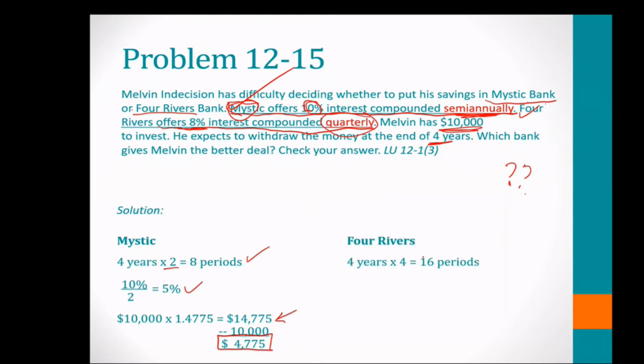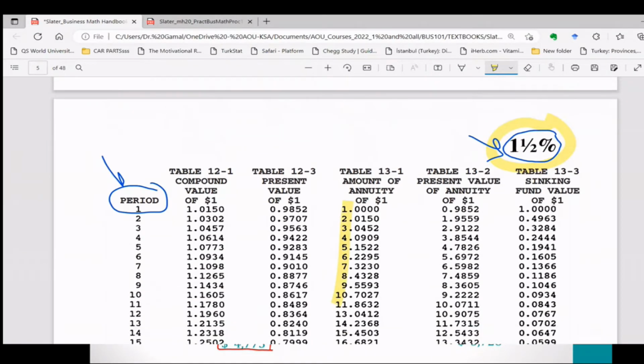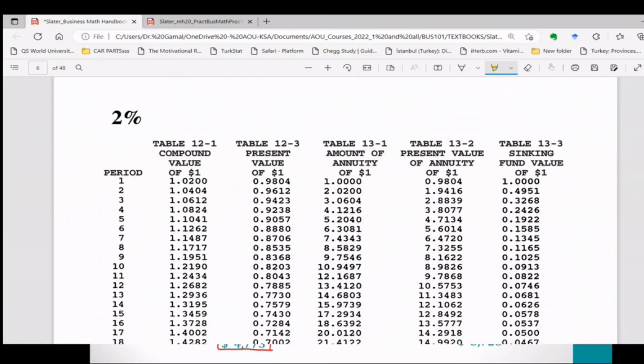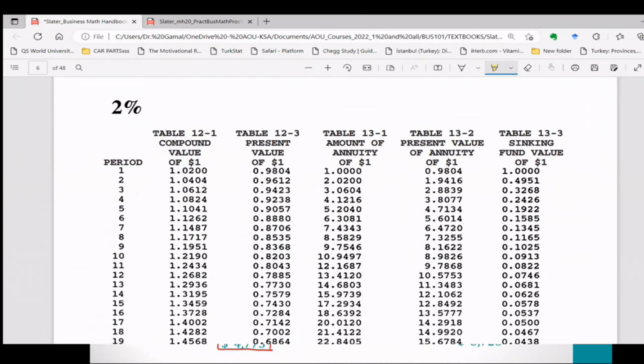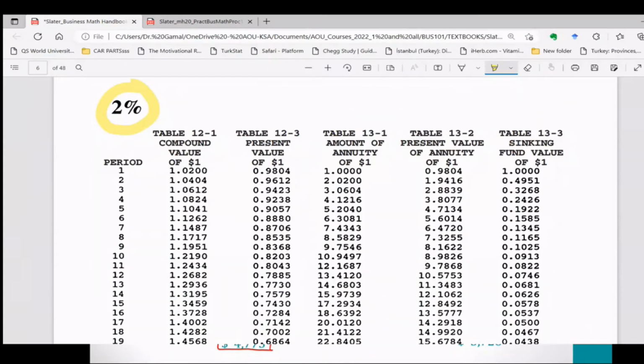The other bank: 4 years, 4 periods per year, 16 periods; 8 divided by 4, a 2% rate. Table factor. How did you find this value? At 2% rate, 16 periods. Each page is a different rate, this is the 2% page, and this is 16 periods.